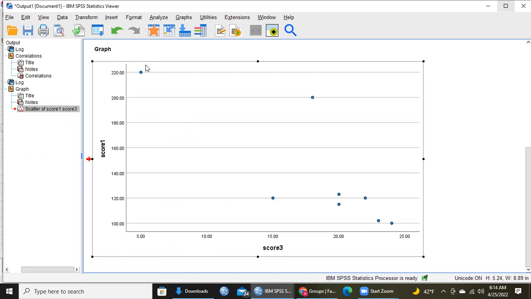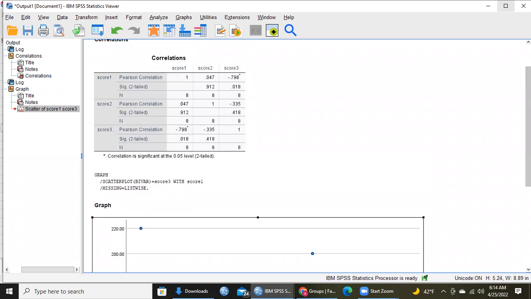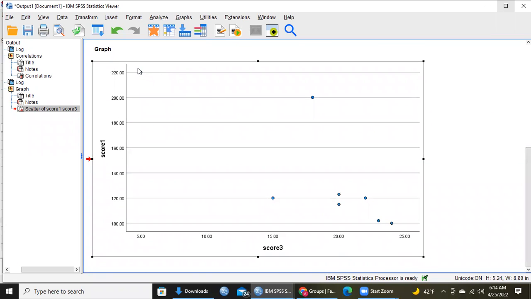And if you look here, you see, yeah, the correlation was negative, right? The correlation was negative 0.798, which means that there's a very strong negative correlation between score 1 and score 3.